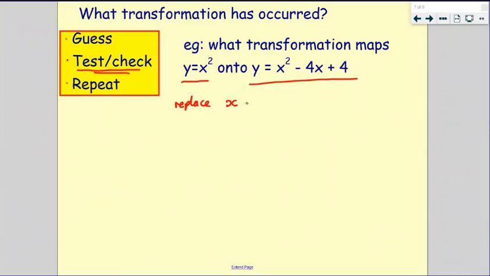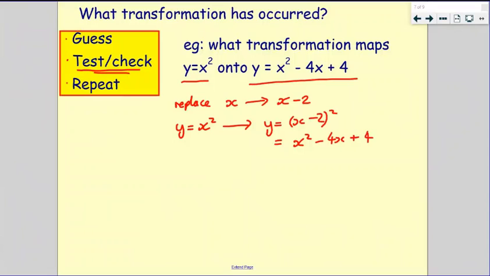So let's replace x with x minus 2. And let's see what happens. So y equals x squared becomes y equals x minus 2 all squared, which in turn gives x squared minus 4x plus 4. So that's right.